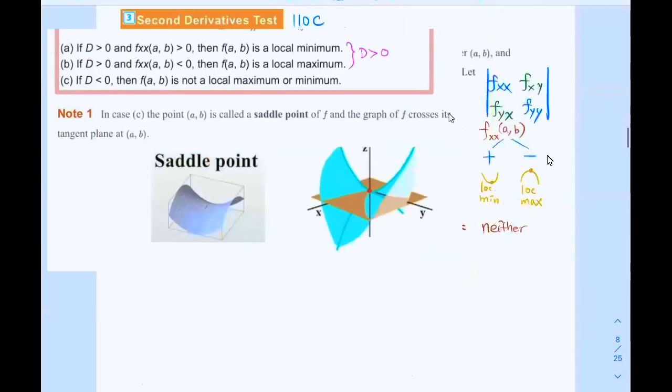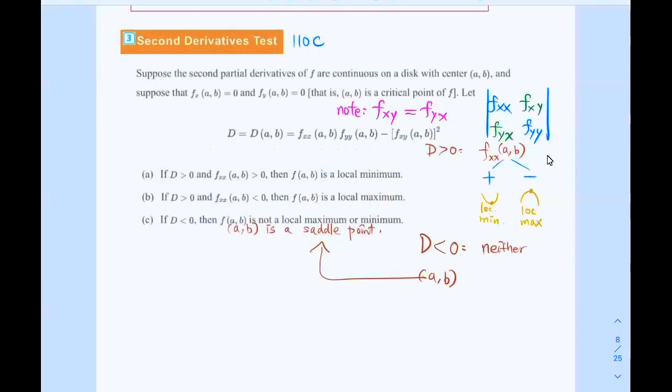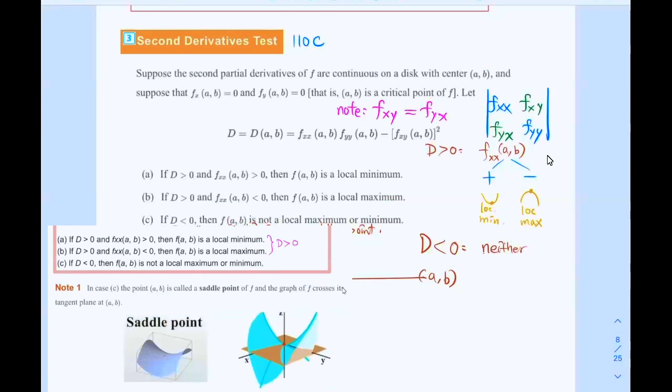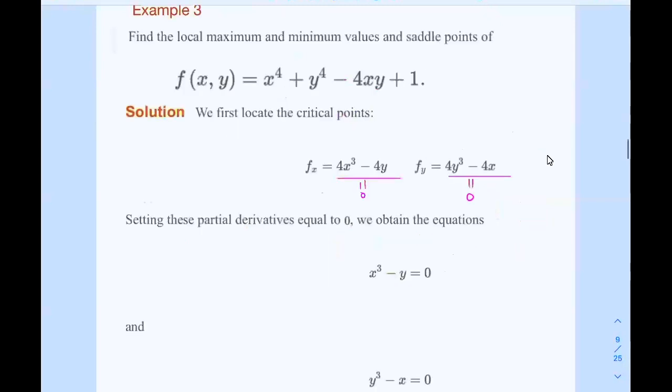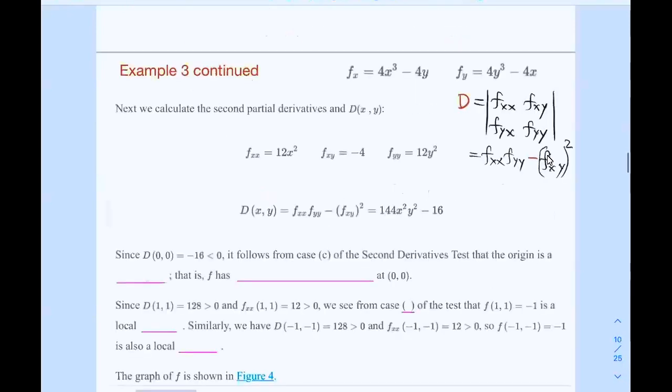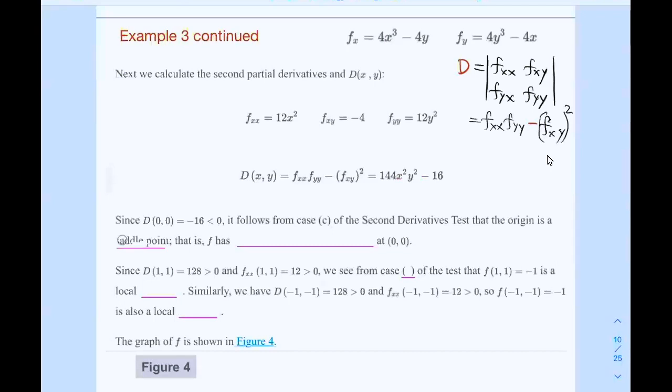When D is less than 0, then that point is a saddle point. The other two cases are when D is greater than 0. The saddle point is when D is less than 0. So case C, we have a saddle point. So the function has neither a local max nor min at 0, 0.